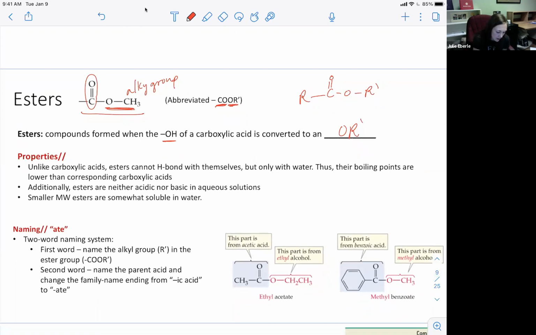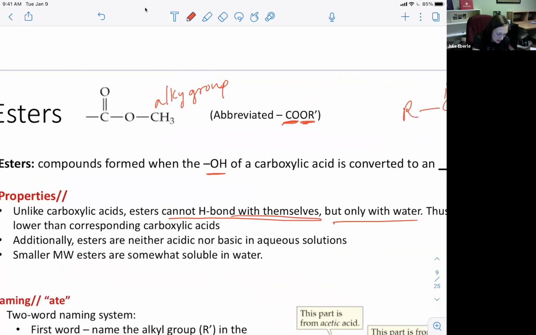Okay, so unlike carboxylic acids, esters cannot hydrogen bond with themselves, but only with water. Okay, let's think about that for a second. Remember, hydrogen bonds are broken down into acceptors and donors. So if you are looking closely at an ester, I'm going to erase all my scribbles on this. Here's what we see. I'm going to zoom in.